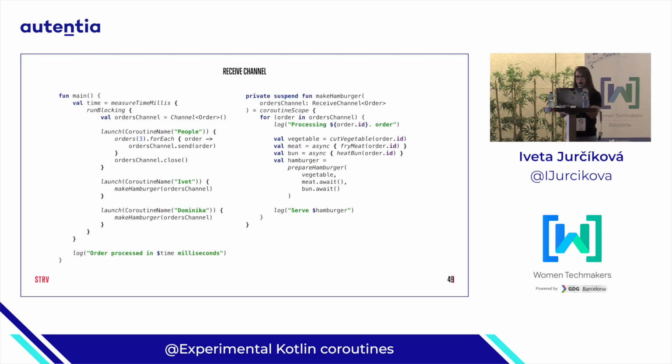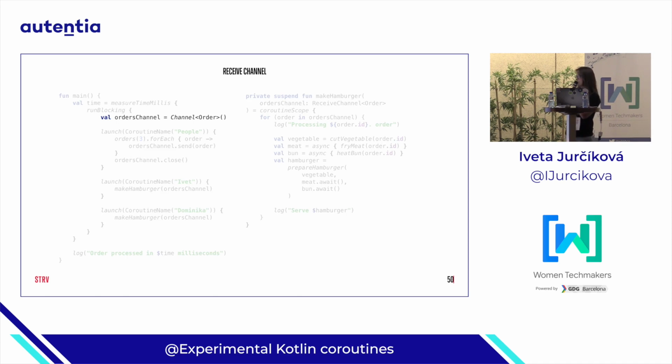Let's check how we can implement this situation. We create a channel as a communication medium between people and cooks. We launch a coroutine representing people, which is responsible for sending orders to the channel. When we process all orders, we cannot forget to close the channel, because otherwise our program would be in a suspended state and it would never finish.